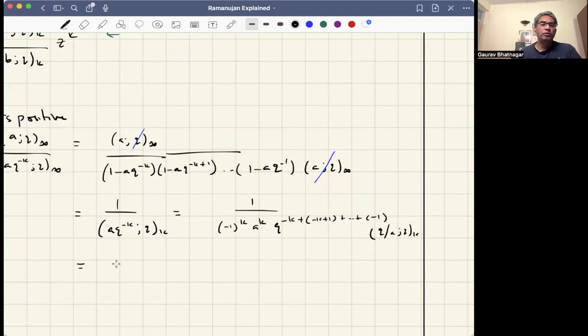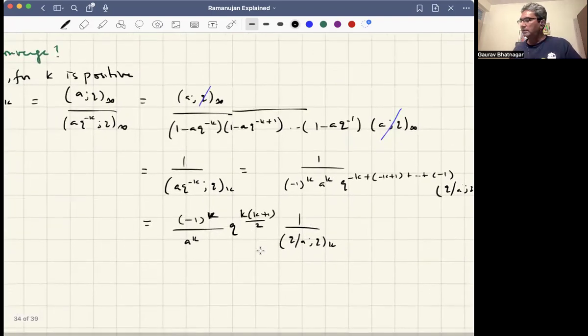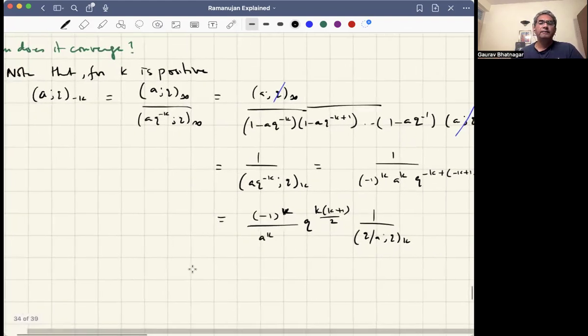So this is equal to (-1)^k, a^k, putting this on the top, so it's 1 plus 2 plus so on, so it's k(k+1)/2. And then in the denominator, you have (q/a; q)_k. So this is an important identity which we use to play around with this.